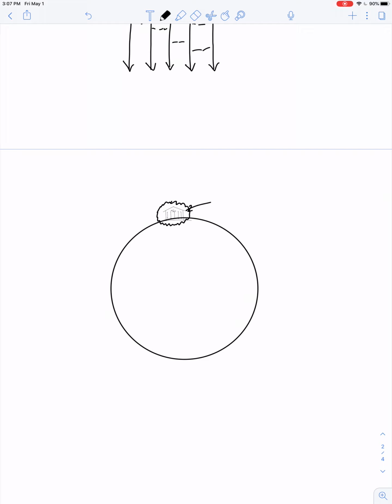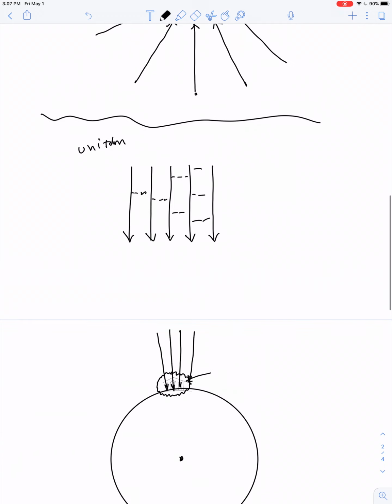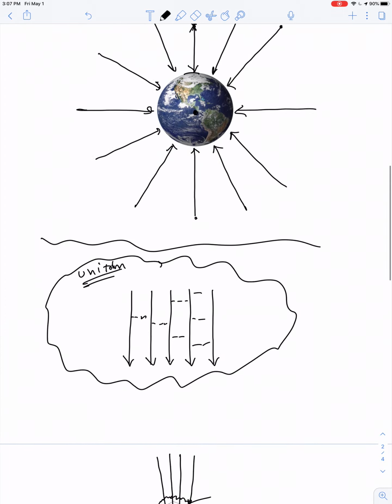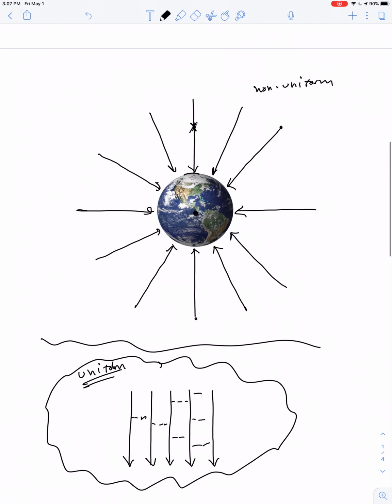But the gravitational field, in all actuality, points toward the center of the Earth. So the Earth's gravitational field might appear to be uniform in a local region near the surface of the Earth, but when viewed far afield, we see that the Earth's gravitational field is non-uniform.